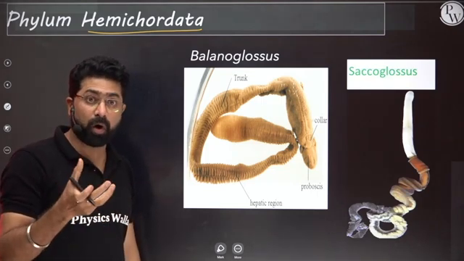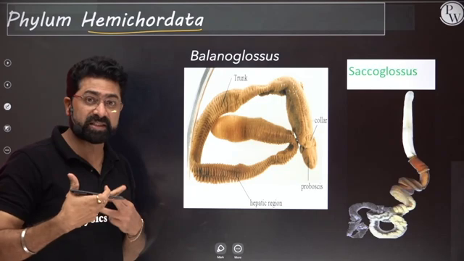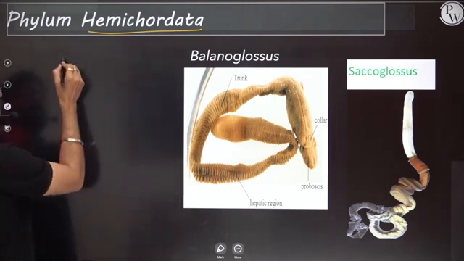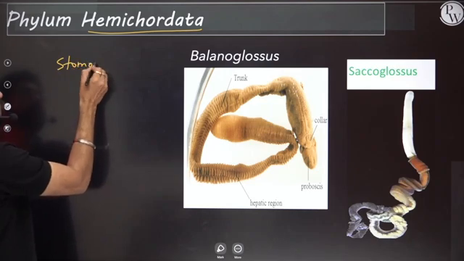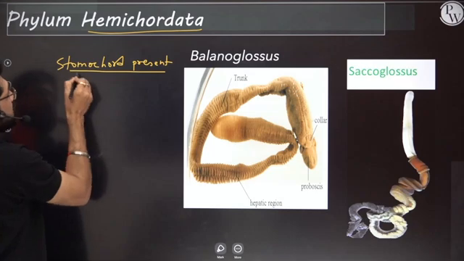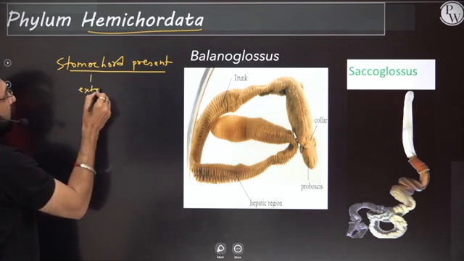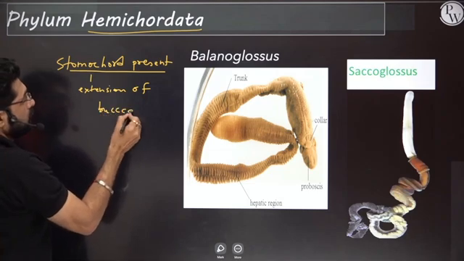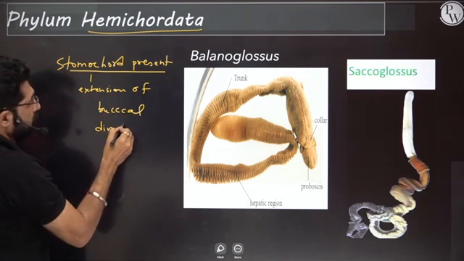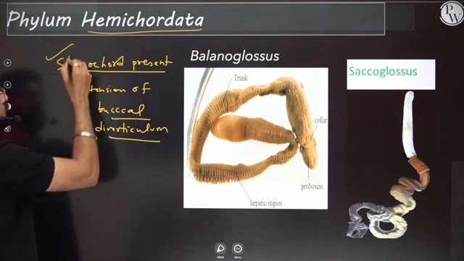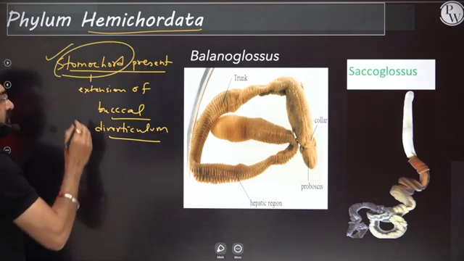The stomochord, which is a buccal diverticulum extension, was thought to be the notochord. It is a part of the digestive system, not a notochord actually. So this was earlier thought to be a notochord, which was wrong.